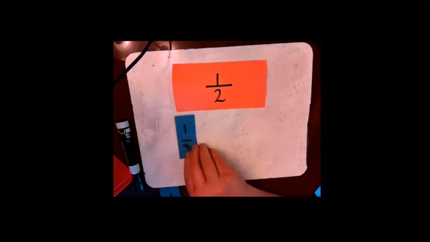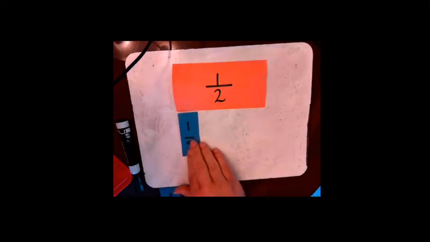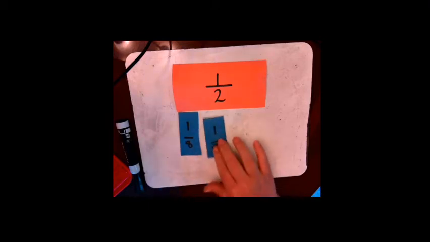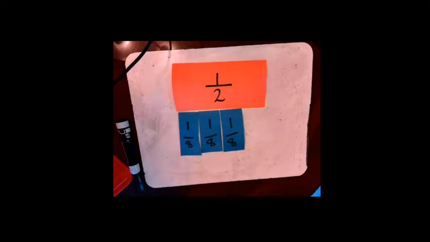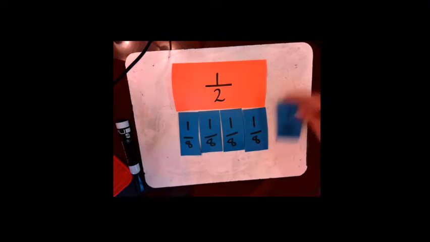And one way we can do that is if you made your unit fractions, you can lay these down and line these up until you have filled up the space. Now if I pull another one, I'm going to know I have added one too many, okay, because it's going to be too big, okay?